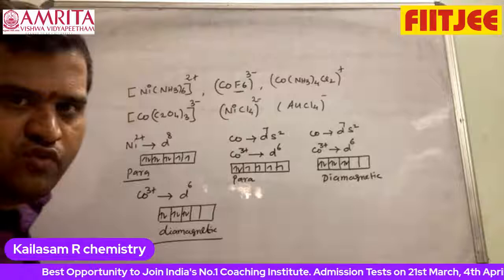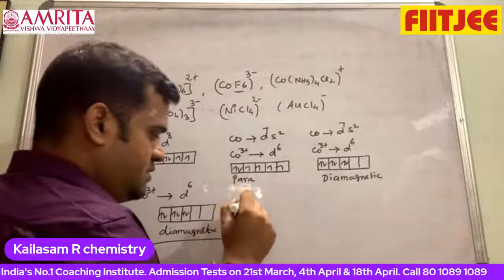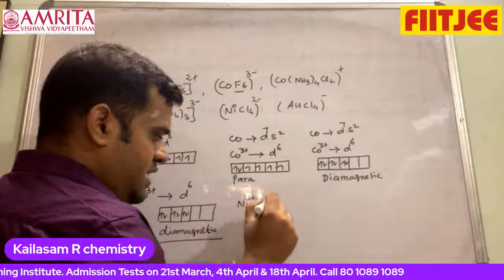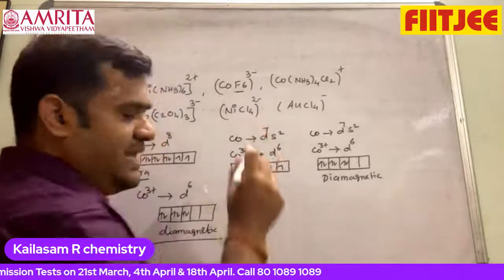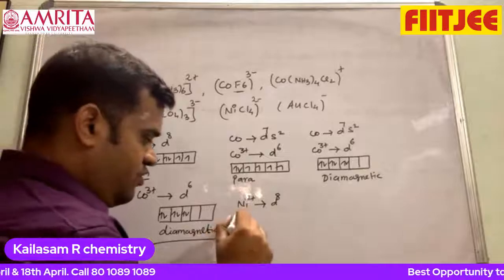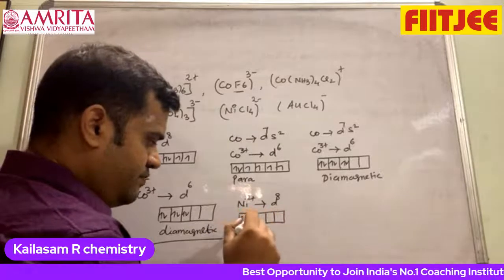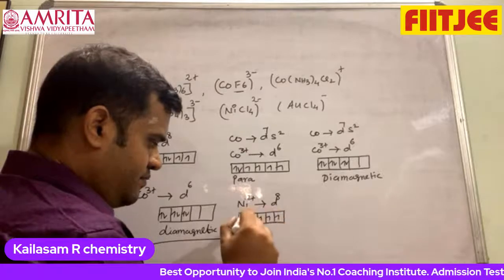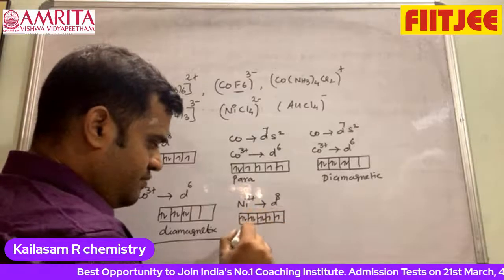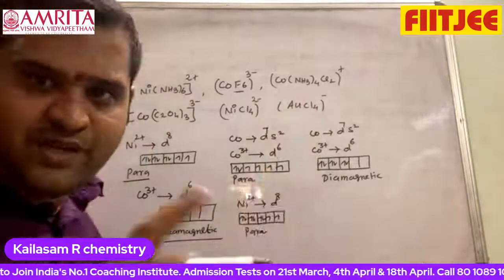Now NiCl4, just now discussed, NiCl4 2-, that means Ni2+ has d8, weak ligand, so pairing is not possible, it's a tetrahedral complex, therefore this is paramagnetic. Now look at this, AuCl4-, very important.